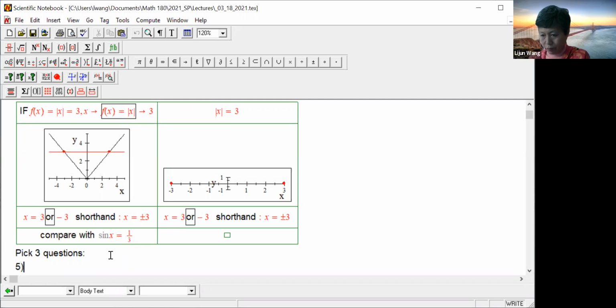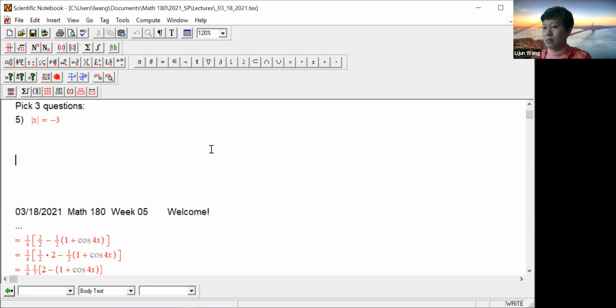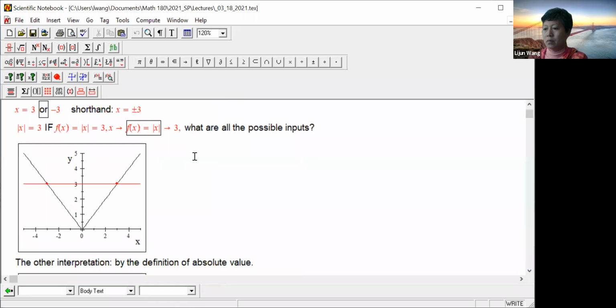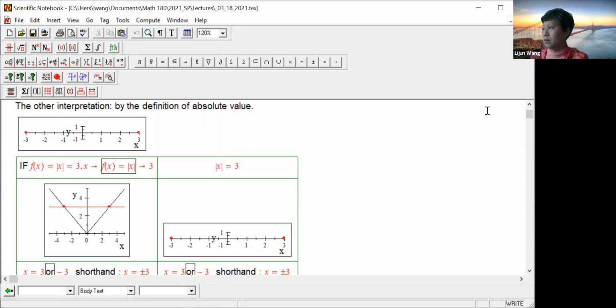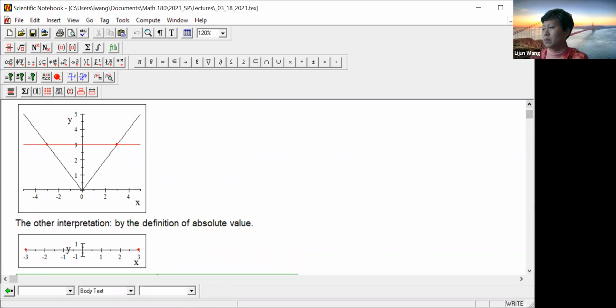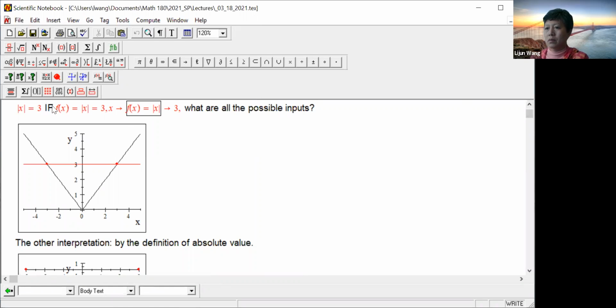If the absolute value is equal to -3, right? It's an if statement.